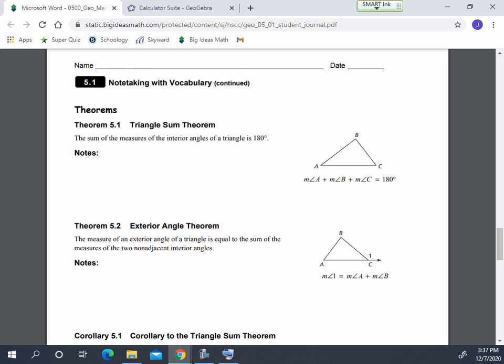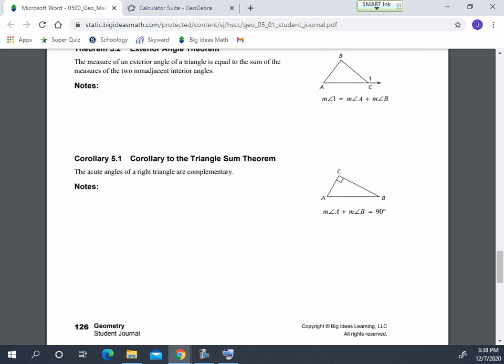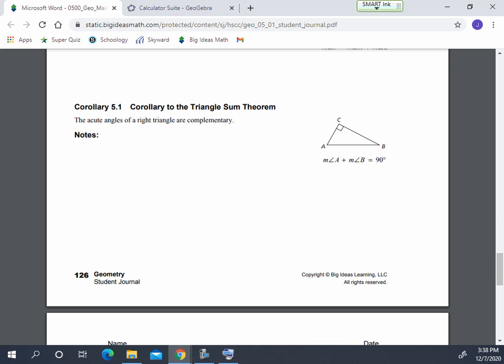Here's a few theorems that are helpful to use. The sum of the measure of the interior angles of a triangle is 180 degrees. We know that. This is what we did in part 1, that the measure of the exterior angle of a triangle is equal to the sum of the measures of the two non-adjacent interior angles, right? So angle 1 is congruent to angle B plus angle A. Corollary to the triangle sum theorem, right?